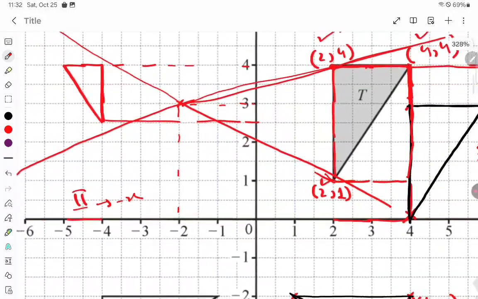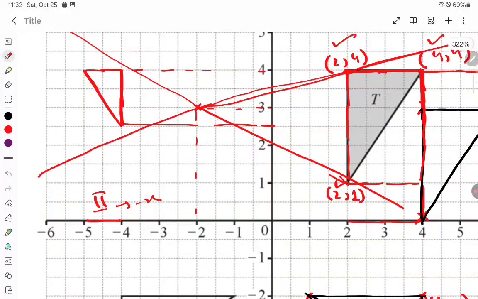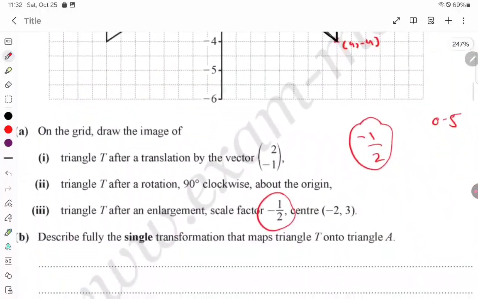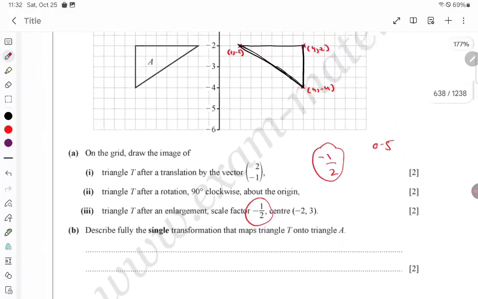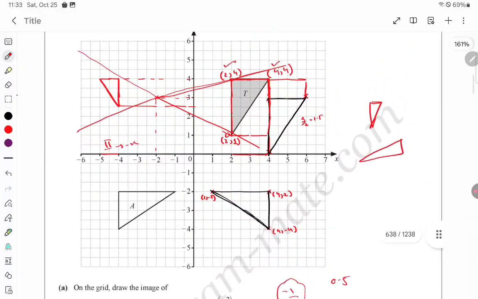Again it will become 1.5. Simply we draw a triangle with the enlargement factor of half, which makes the triangle appear a little shorter with respect to the triangle T, which we can see.